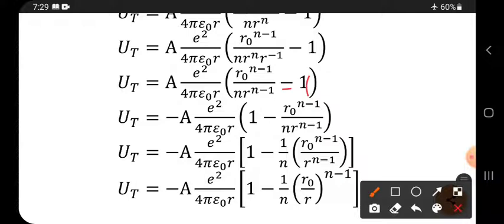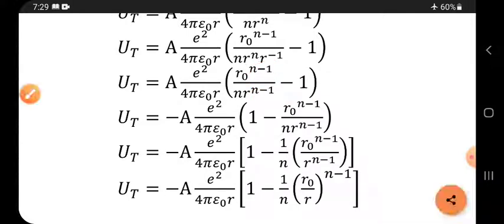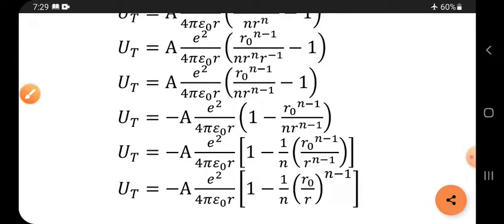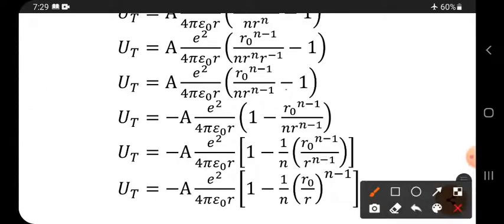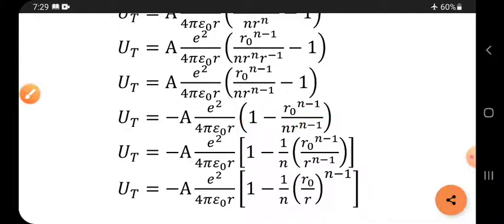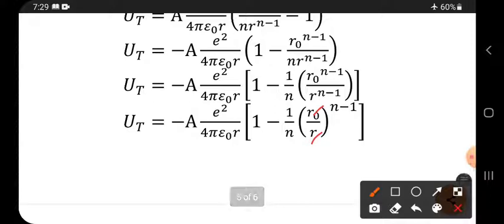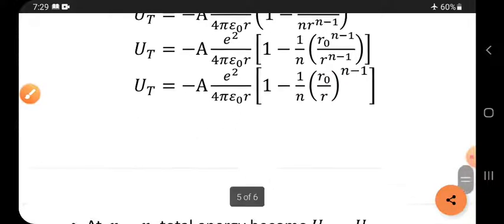Okay, now see, we can write, this power and this power being the same. Before that, let me take minus outside. Okay, so then these two things can be reversed. Why? A minus is taken outside, this becomes plus, so the plus term is this side and the minus term is this side. Now write a common power for r naught and r: r naught by r whole power n minus 1.